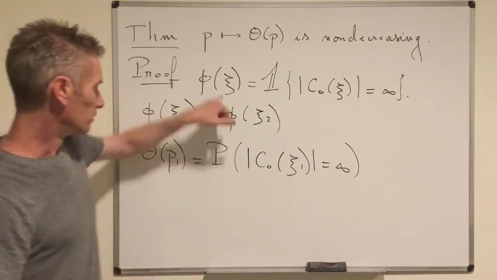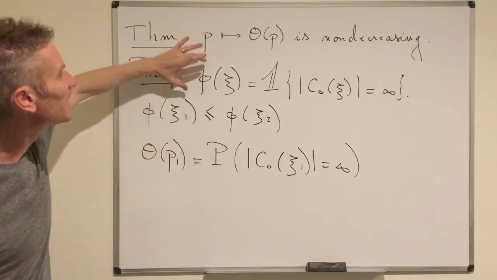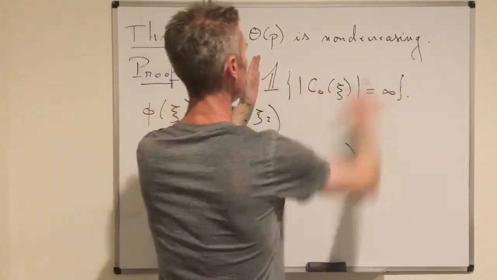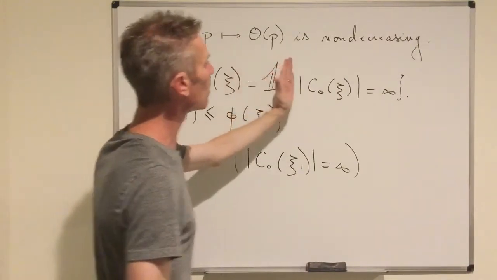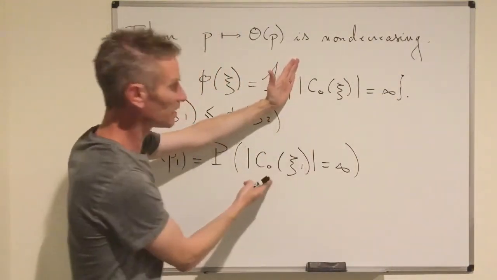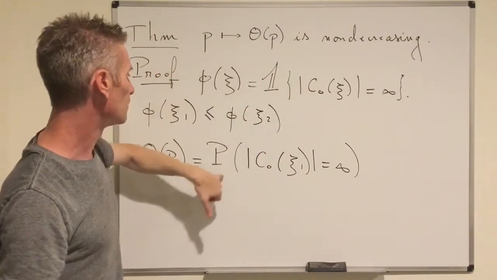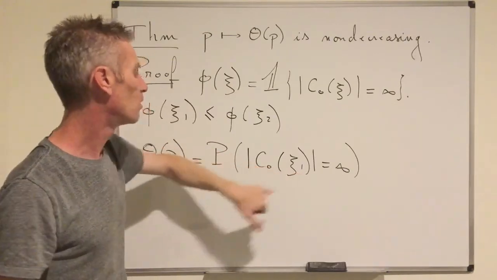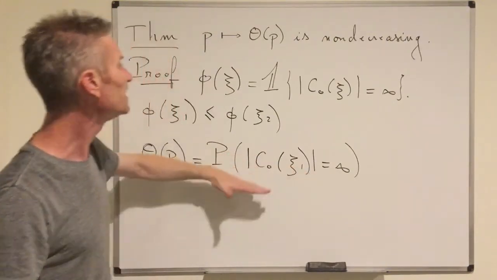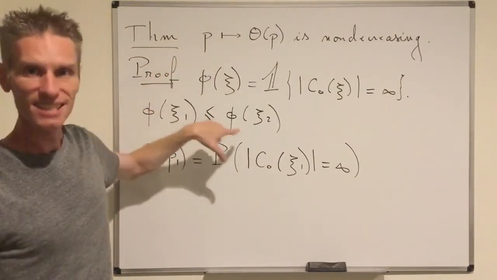But then, if you look at the definition of phi of xi, the expected value of phi of xi here, that's the expected value of this indicator function, that's exactly the probability of this event, that's the percolation event that again appears here. So that means that the probability that the cluster starting at 0 for the process xi1 is infinite is exactly the expected value of phi of xi1.